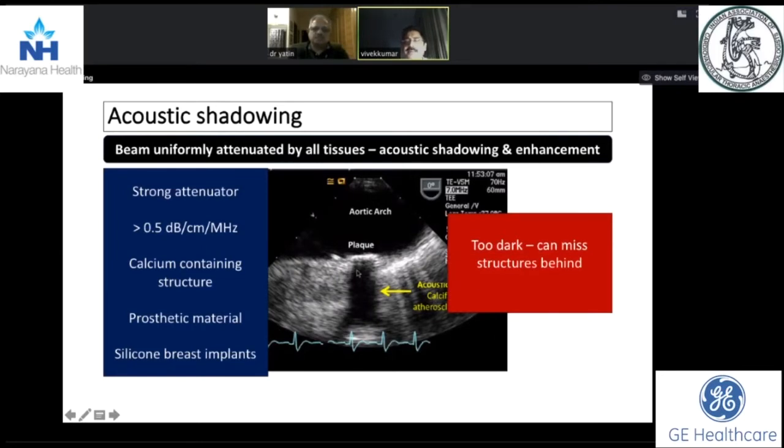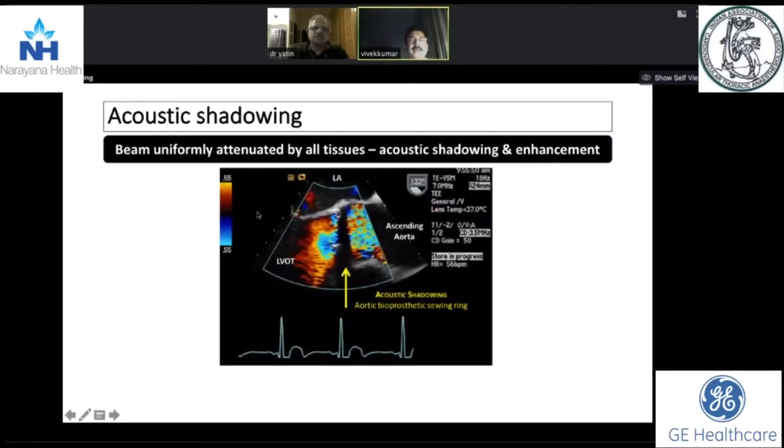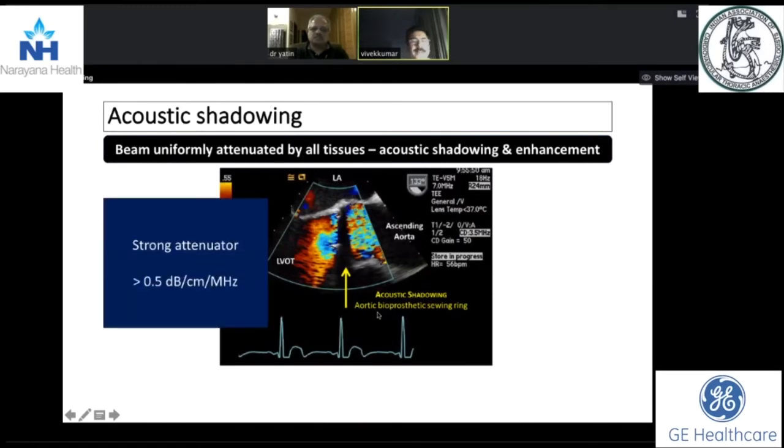Behind this hyperechoic area, you have an area which is too dark, and we can miss structures behind. Similarly, acoustic shadowing is not limited to grayscale. It can occur in color Doppler also, as seen here, an acoustic shadowing due to an aortic bioprosthetic sewing ring.